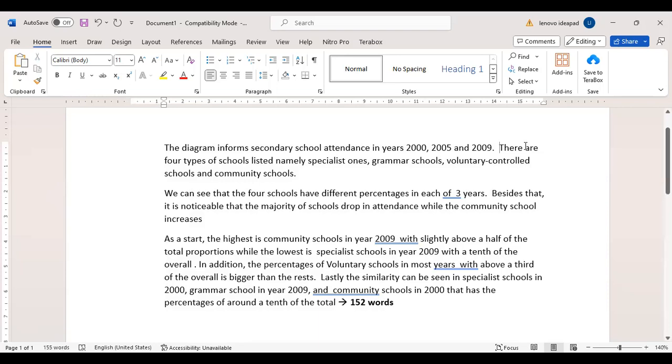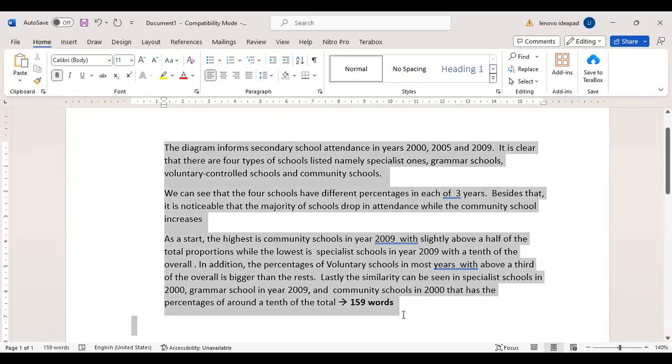You can also add something else. It is clear that there are 4 types of schools listed, namely what, and what. So there'll be 159 words.